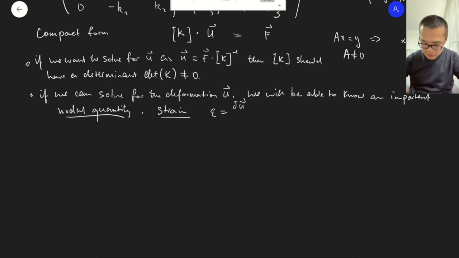Delta U means how much it has been moved, divided by the original length of the element.